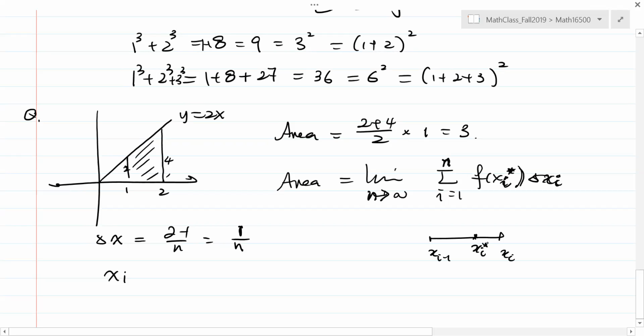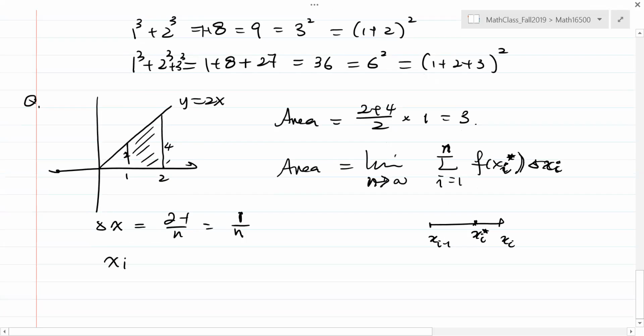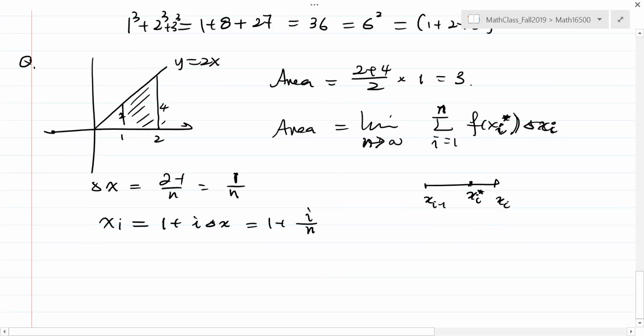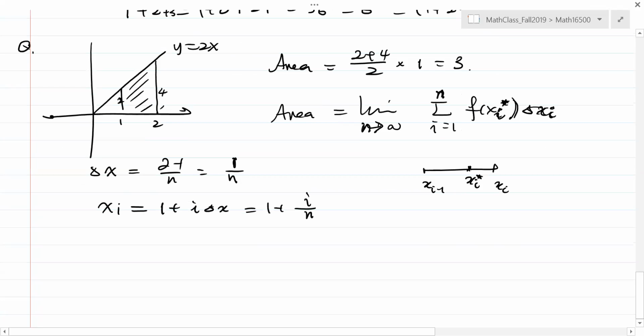Okay, an arbitrary point. But we are going to choose a special one, because otherwise we don't know how to even find the limit. So x_i is going to be 1 plus i delta x, which is 1 plus i over n. You can check that when i equals n, that's 2.